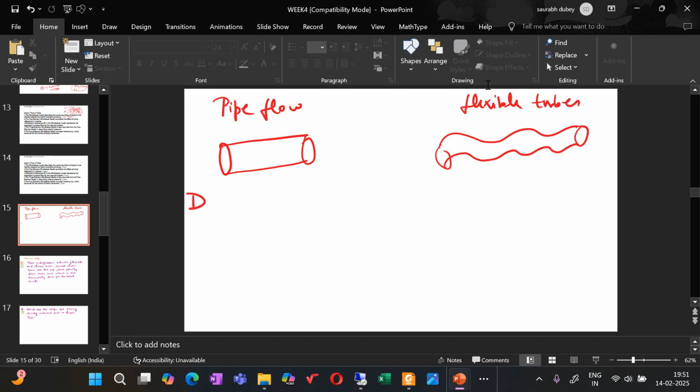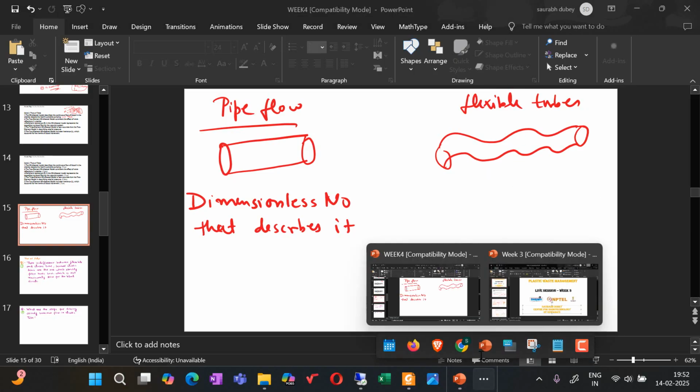For this there is a dimensionless number that describes it. What is that number? Can you tell me which dimensionless number is used to describe mostly the flow of any fluid in pipe flow, and how that dimensionless number changes when we consider flexible tubes, the blood vessels, artery or vein?